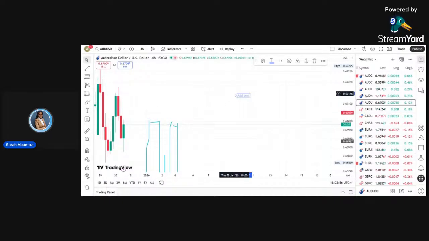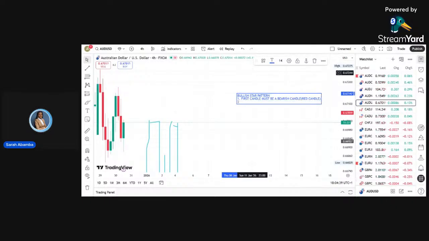So for a bullish star pattern, the first candle must be a bearish candle, that is a red candle. I'll put red candle in brackets. That is the first condition.